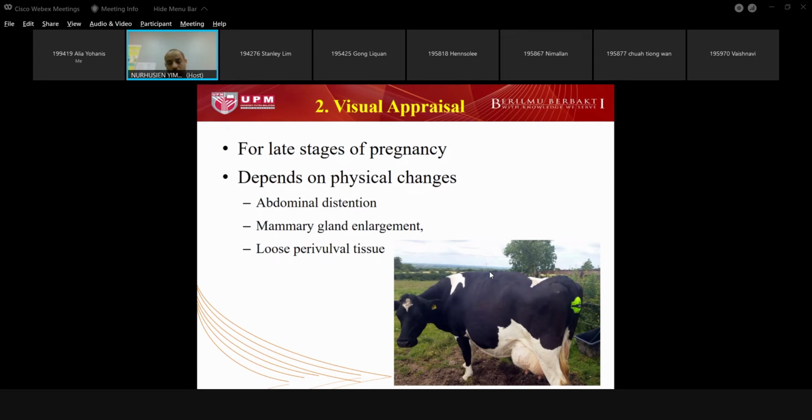Because of the economic aspect, you need to identify the cow that is not pregnant so that it can come back for another breeding program before it's too late, before you waste a lot of money. Otherwise, if you wait until the late stage of pregnancy to determine whether this cow is pregnant using a method like visual appraisal, that will not be economically feasible, and not a wise method to employ.